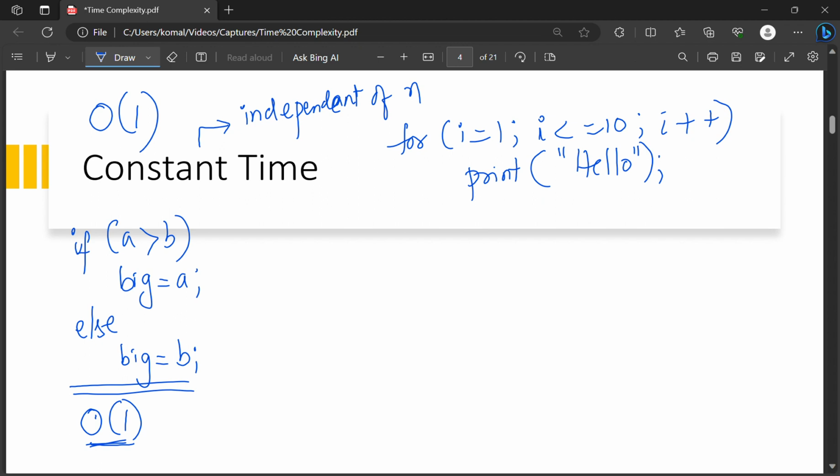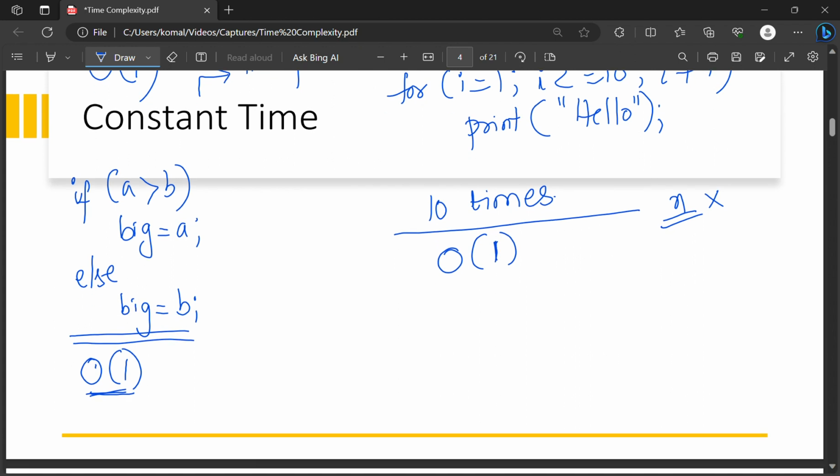How many times does this loop statement execute? It executes 10 times. It prints hello 10 times. Is it depending on any n or any external input? No. So that's why we can say, though it is a loop statement, that it consumes big O of 1 time complexity.